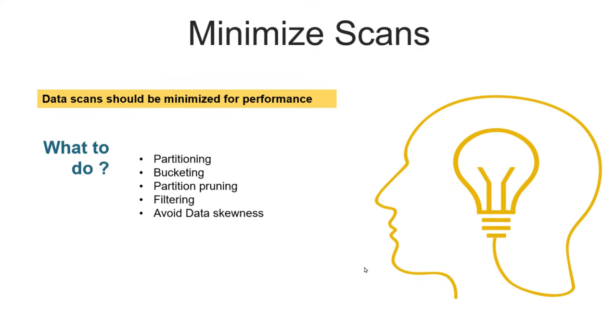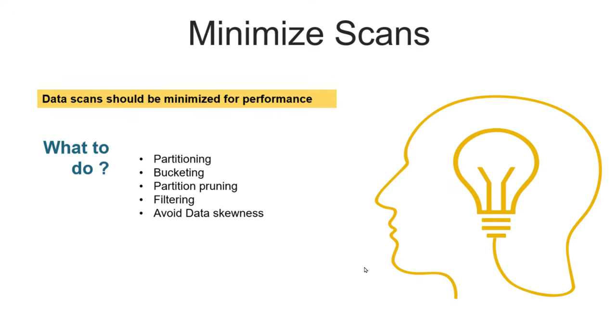One more thing which is important to keep in mind is avoiding data skewness. When we are distributing the data across the cluster, if the data gets distributed unevenly, then there will be data skewness. Some of the nodes will have the majority of the data and the rest of the nodes will not have that much data.